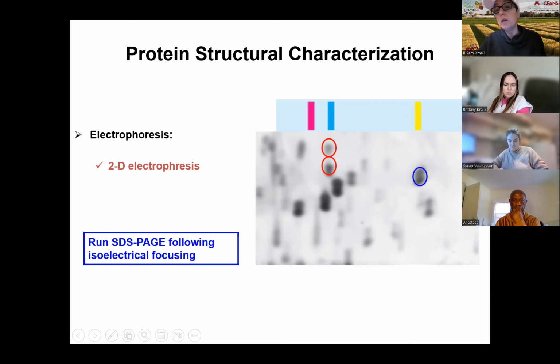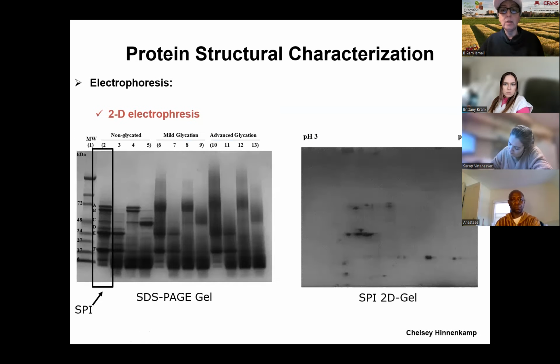Here, if you run only the isoelectric focusing, you might have a couple of proteins that have the same charge or isoelectric point, but migrated to two different places on your gel. So similar charge, different molecular weight. So with 2D electrophoresis, you have a more powerful separation of your proteins.